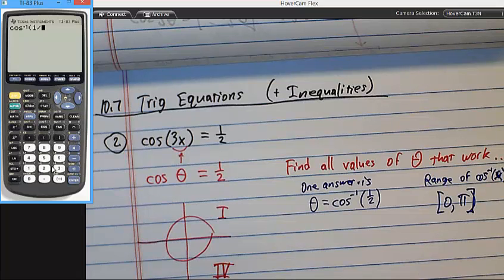I guess I could have typed 0.5, would have saved time. There it is: 1.04 what? Is that the right answer? Well, maybe it is. If I divide out the pi, this is kind of interesting. What do you think I'm going to get?